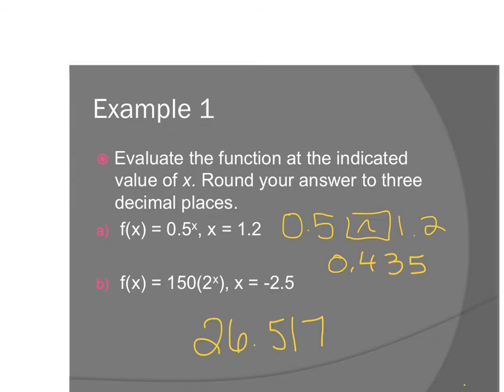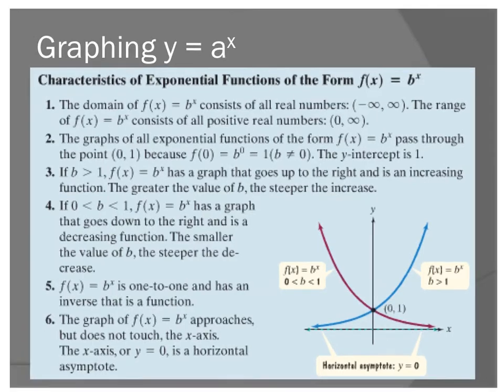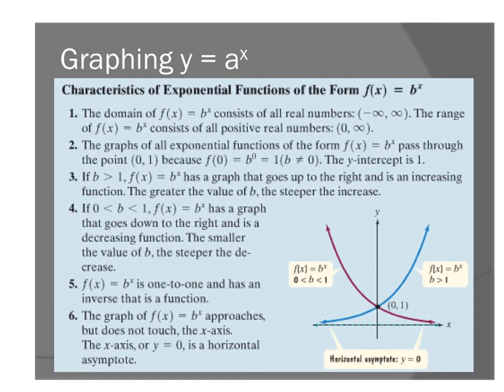If you get scientific. All right, so the graphs of these exponential functions have all these characteristics. The domain of them is going to be all real numbers because you're moving from left to right. There's no stops in these graphs. There's no holes in these graphs, okay? The range is going to be the lowest point, obviously, to positive infinity. Now, for the parent function, you have a horizontal asymptote at 0 because if your base is positive, there's no way for you to raise it to a power that would make it negative.